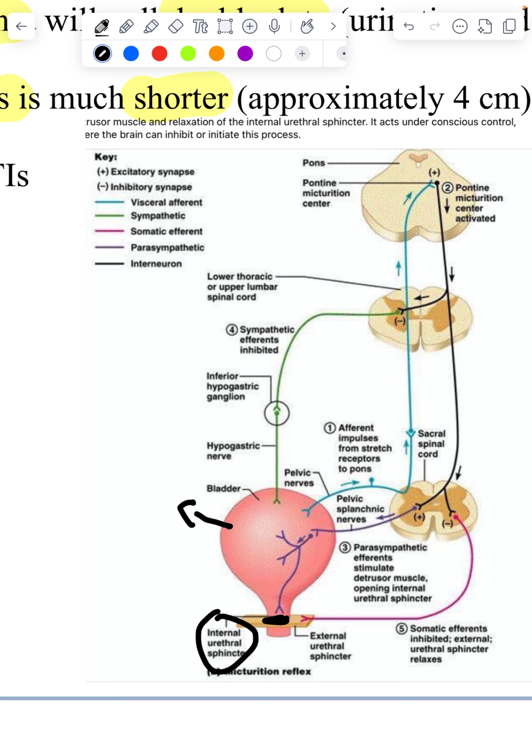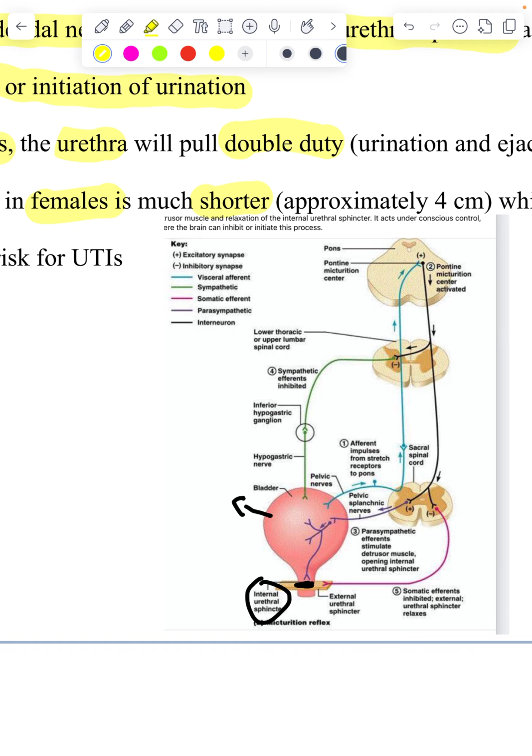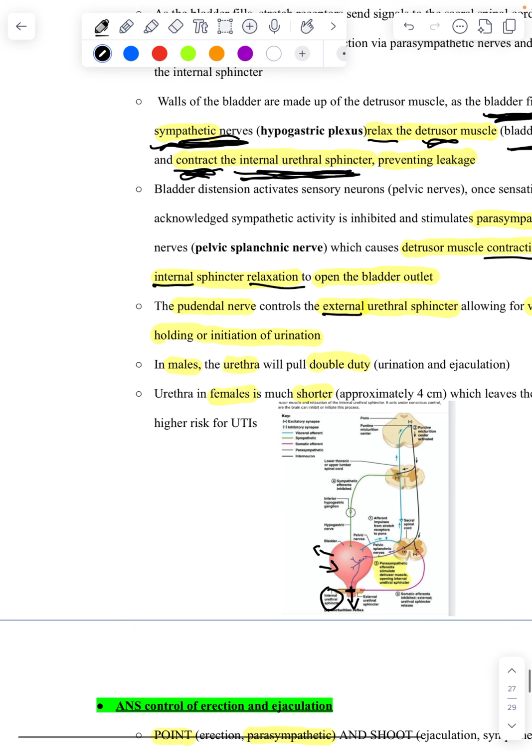It's storing it in. The parasympathetic would then be the opposite. Parasympathetic is going to contract the detrusor muscle. So now we want to push it back in, make it narrower, and then we're going to open this so urine can flow out.